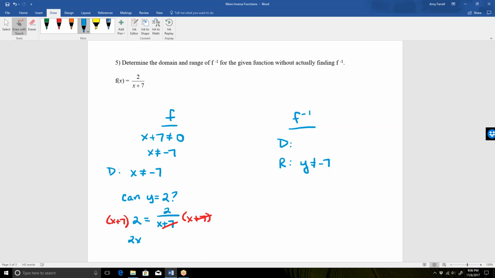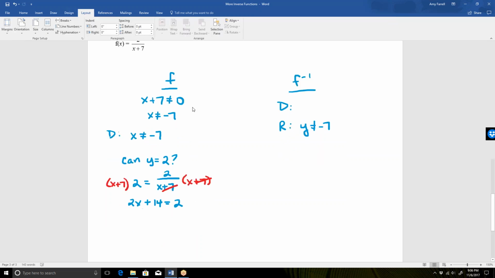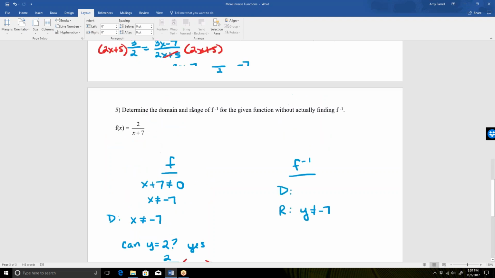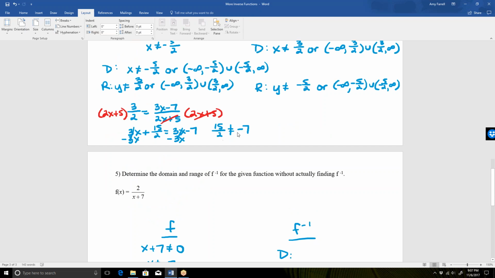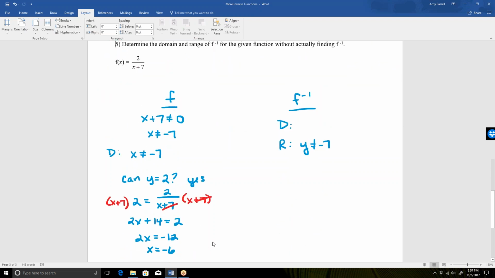I'm going to have 2x plus 14 equals 2, and I will get a value for x. I could subtract 14, 2x equals negative 12, x equals negative 6. So can y equal 2? Yes, it can. I didn't get an untrue statement, like on the previous page where I got 15 over 2 equals negative 7, which doesn't make sense. Over here I got x equals negative 6. So when y equals 2, x equals negative 6. So yes, y can equal 2.